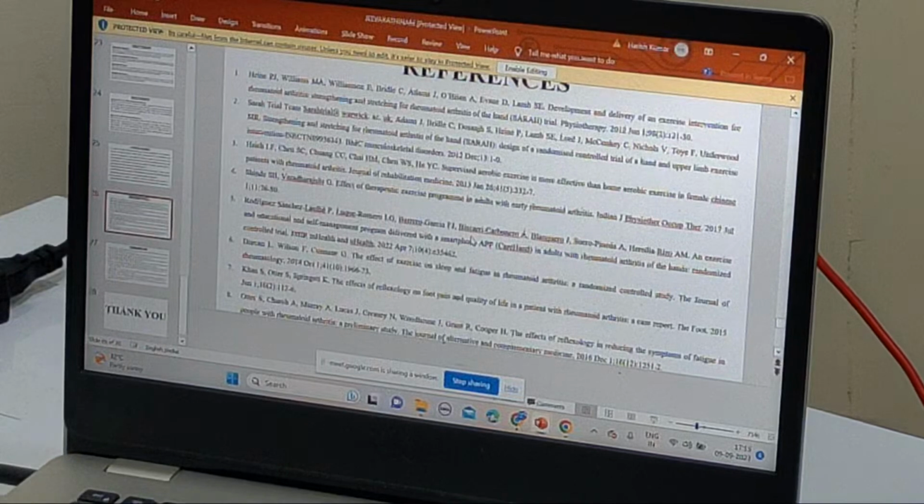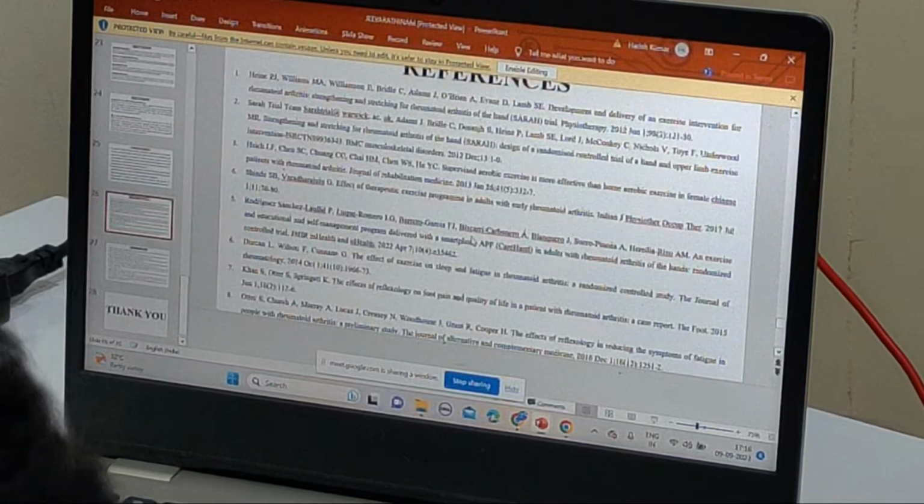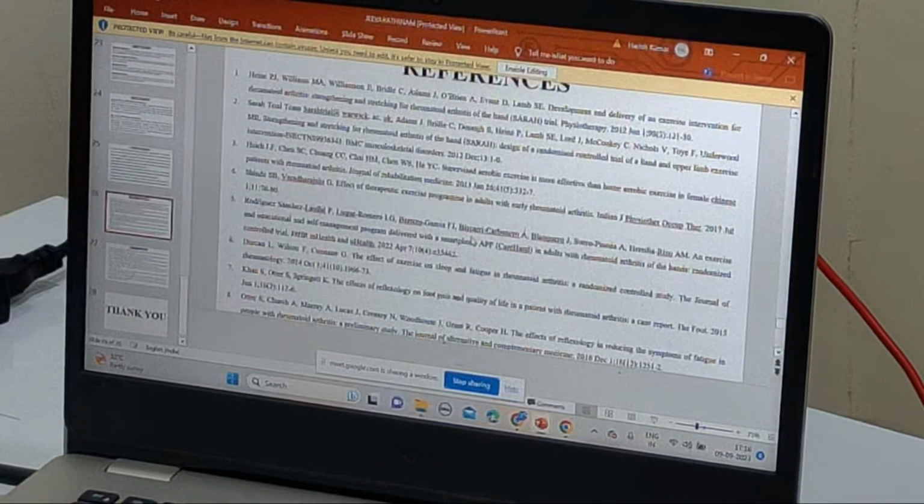What was mentioned regarding aerobic exercise and grip strength? Regarding aerobic exercise, from the conclusion drawn by the study by Z and others, Chinese female patients with rheumatoid arthritis showed significant improvement in aerobic capacity through 8 weeks of supervised aerobic exercise, superior to the other programs.